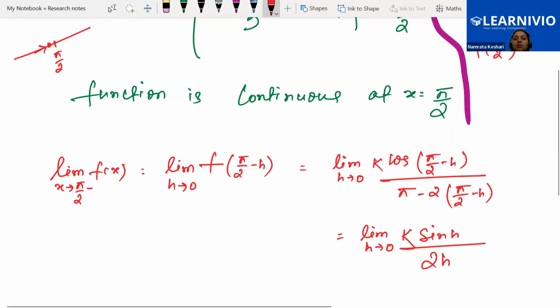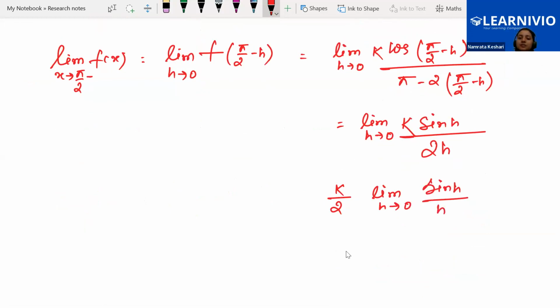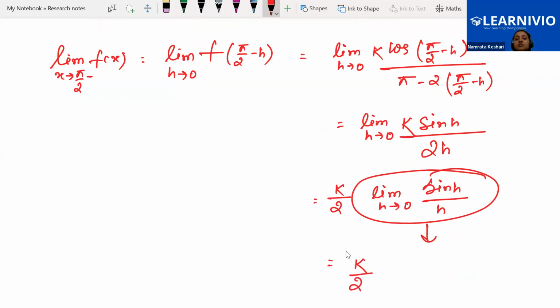Okay. Now does it look like a format we know? Do we know this predefined limit? Yes. Limit x tends to 0 of sin x by x is 1. Is it so? Yes, ma'am.